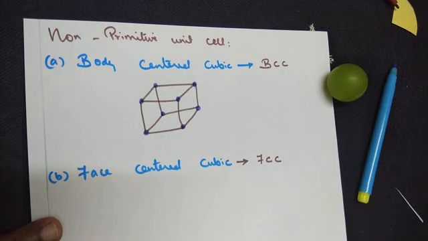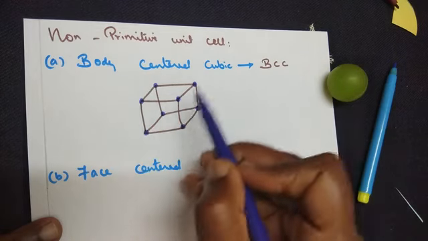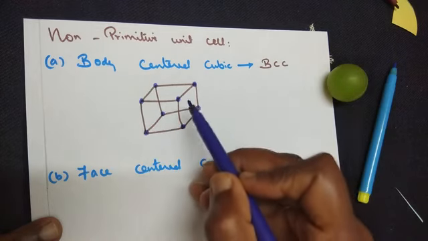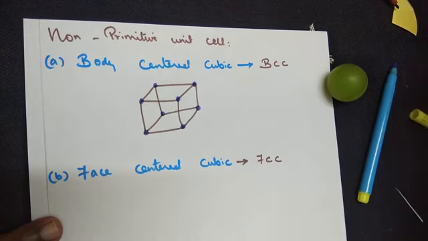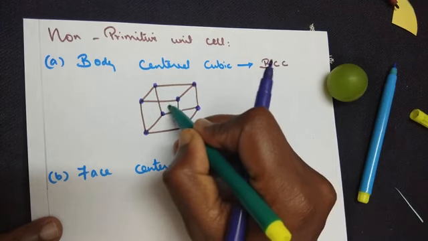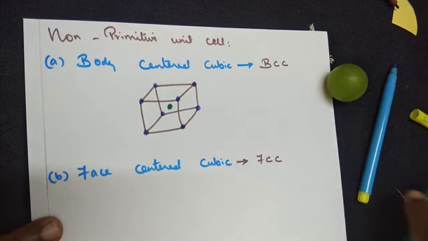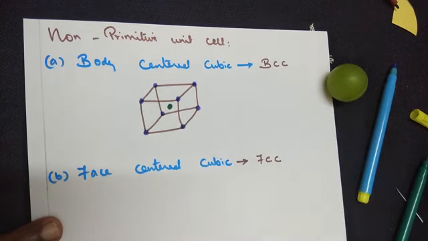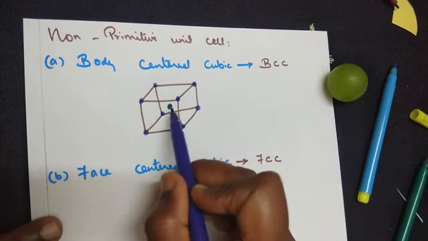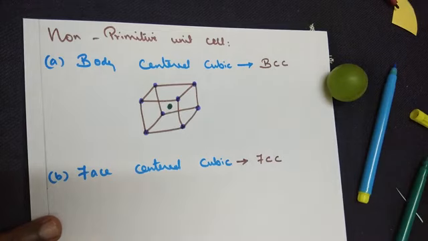So 8 particles are there. When we say body-centered, apart from the 8 particles at the 8 corners, there is one more in the center of the unit cell. This is the structure for a body-centered cubic, that is BCC.